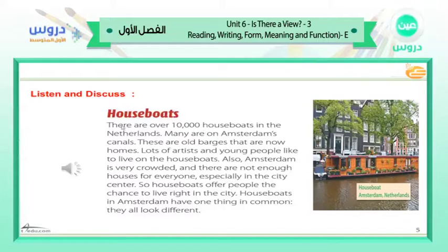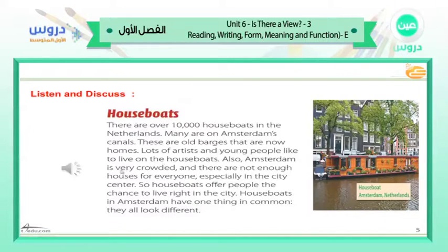Wow, that's nice. That's great. As you see, gentlemen, there are over 10,000 houseboats in the Netherlands. Many are in Amsterdam's canals. We have canals in Amsterdam, there are ten, for example, like that. These are old barges that are now houses. Lots of artists and young people like to live on the houseboats.